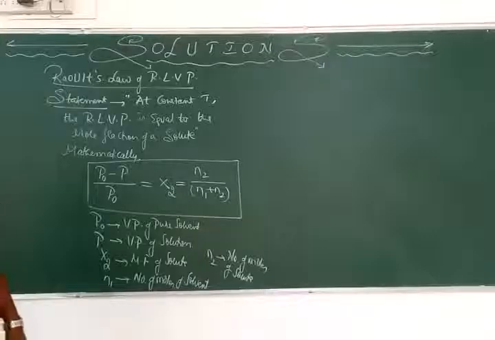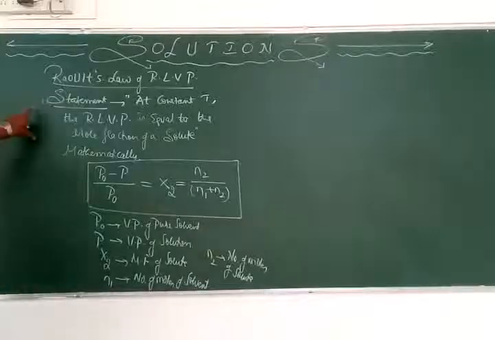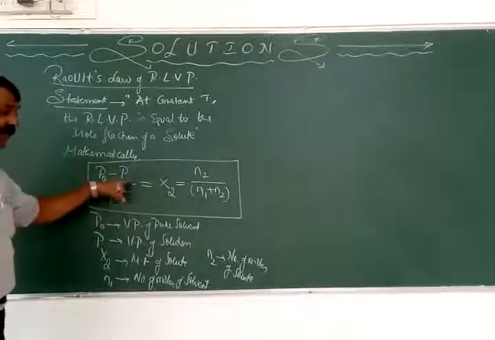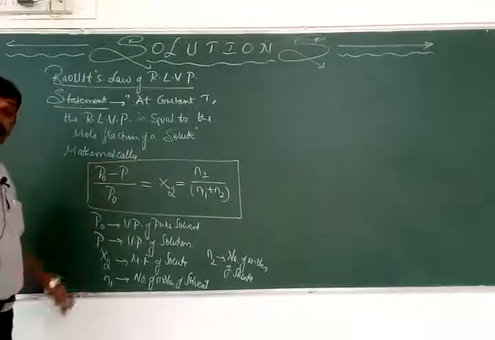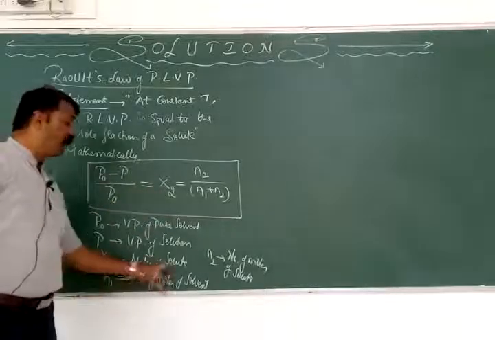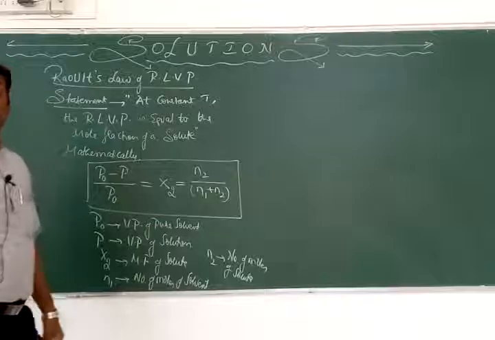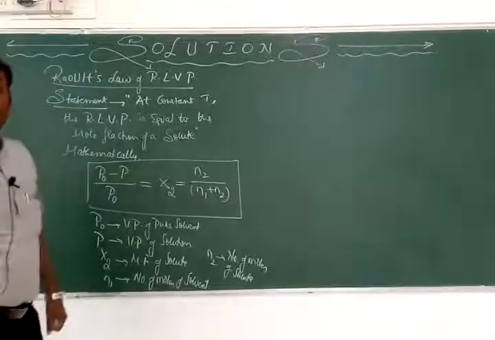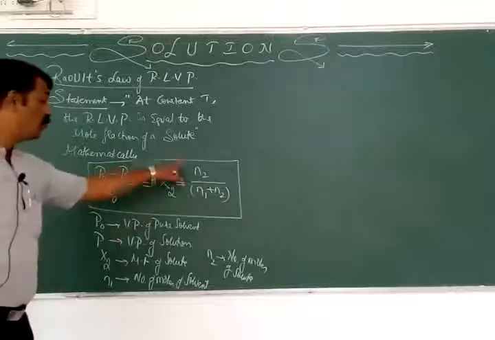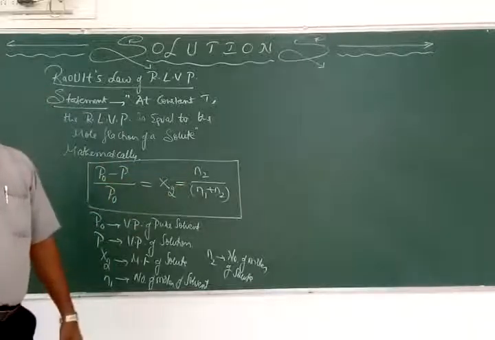At constant temperature, the relative lowering of vapor pressure, (P naught minus P) divided by P naught, is equal to X2, the mole fraction of the solute. How to calculate it? It is the number of moles of the solute divided by the total number of moles in the solution, that is N2 divided by (N1 plus N2).